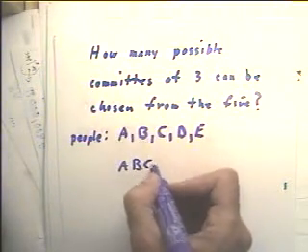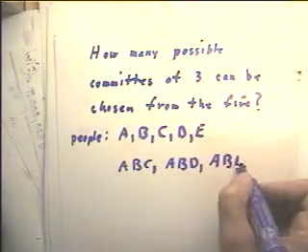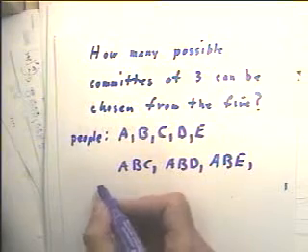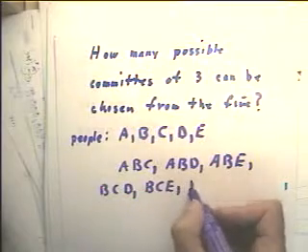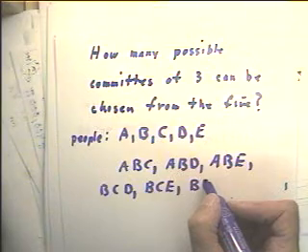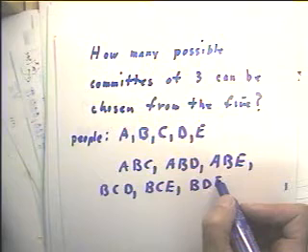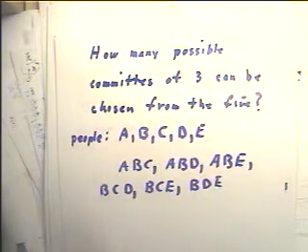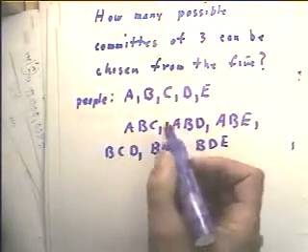Systematically, we could list A, B, C, A, B, D, A, B, E, B, C, D, B, C, E, B, D, E. I wasn't very systematic in that.